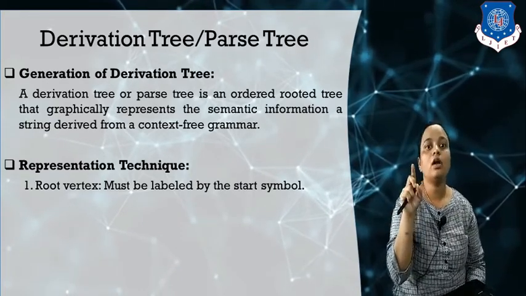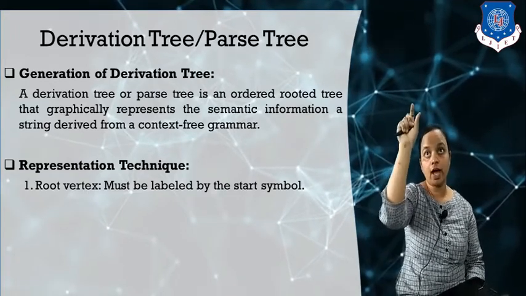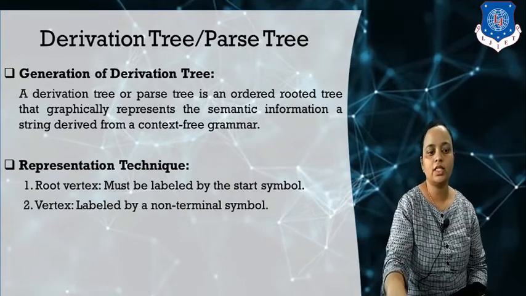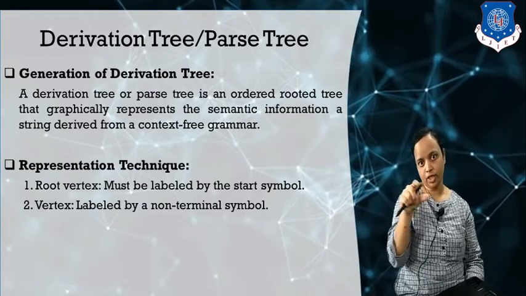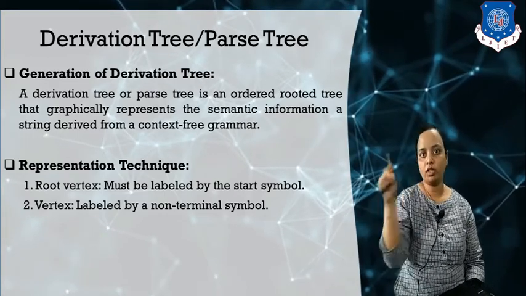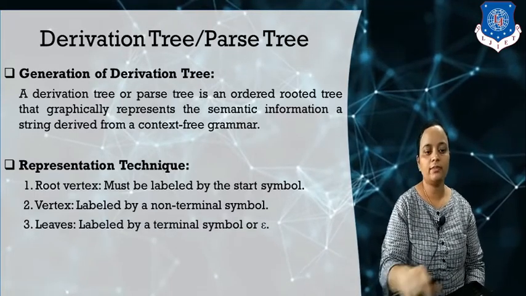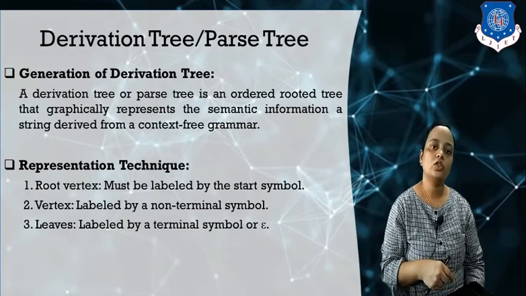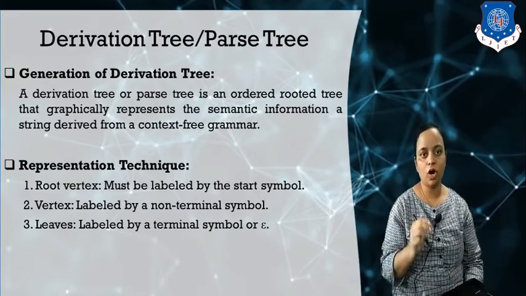The start symbol of the grammar must be situated at the top of the parse tree. The next is the internal node, and all internal nodes in the tree are labeled by non-terminals. And the last one is the leaf node. What are leaf nodes? Leaf nodes are labeled by terminals. So always remember three things.